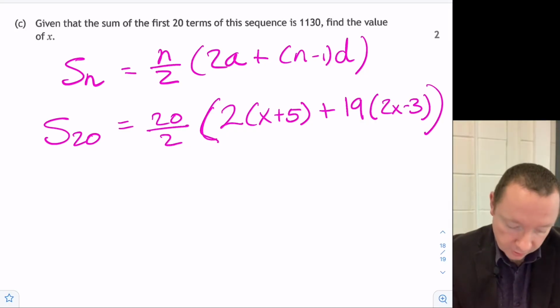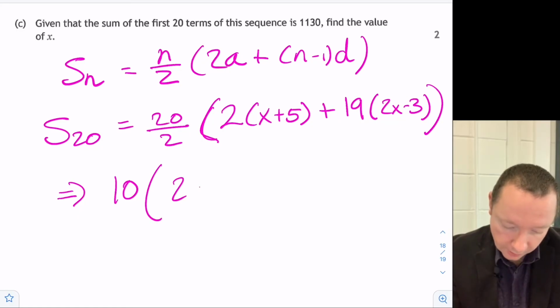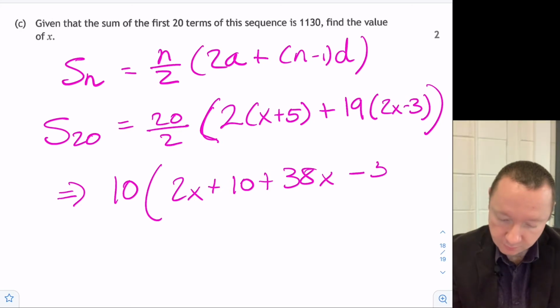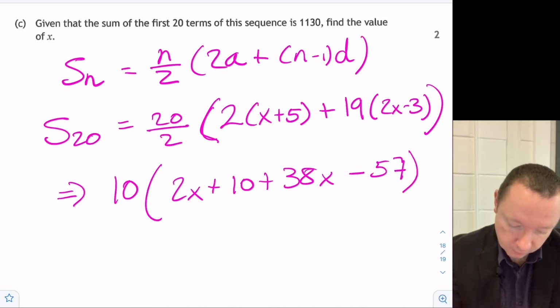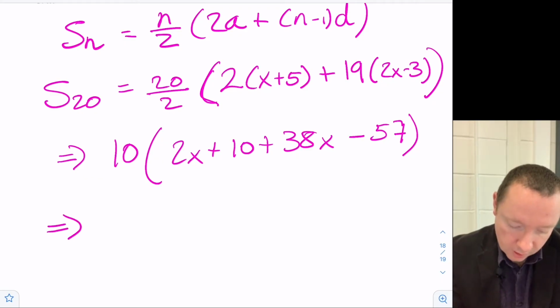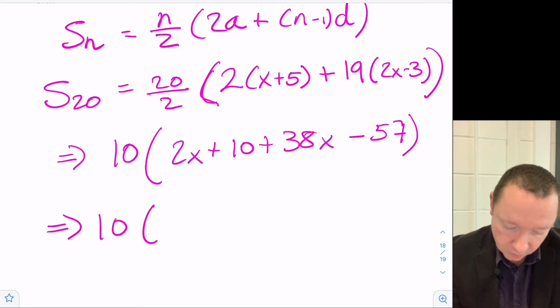Okay, so that implies we've got 10 on the outside, 2x plus 10 plus 38x minus 57. So that's 10 times (40x minus 47).